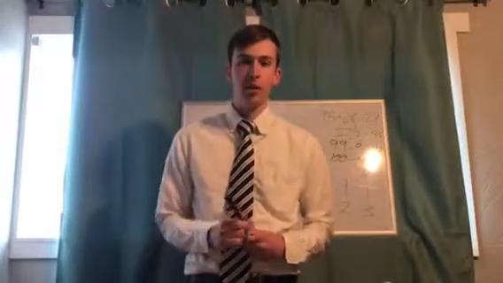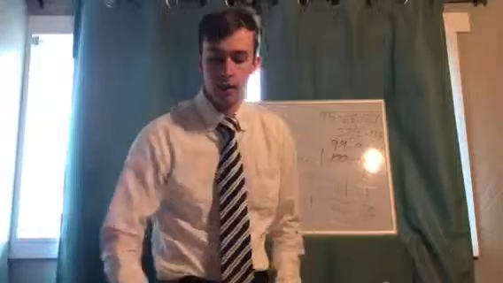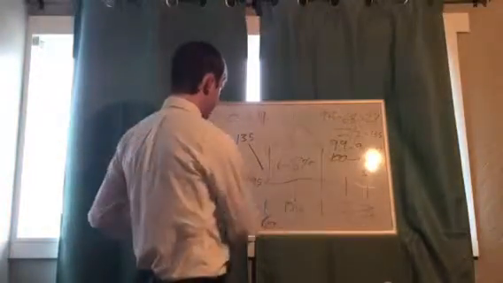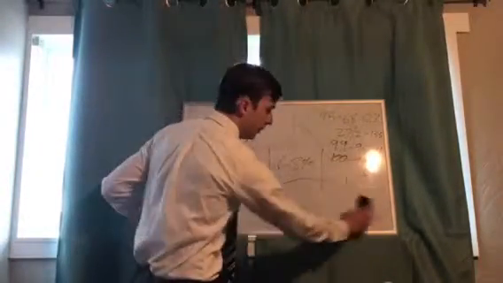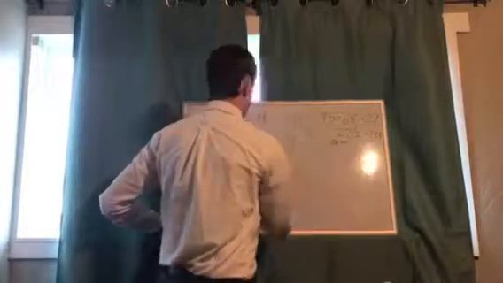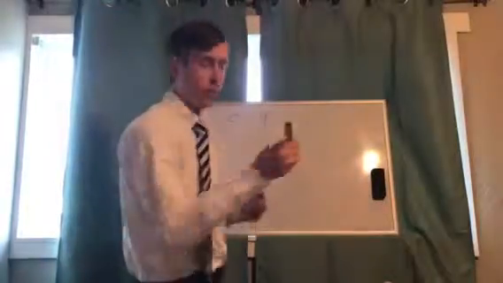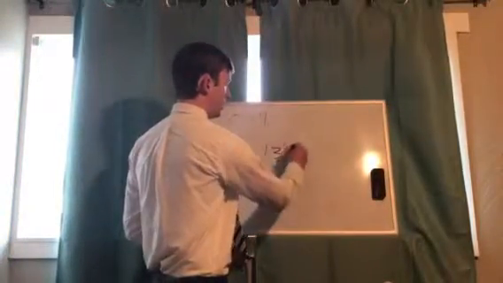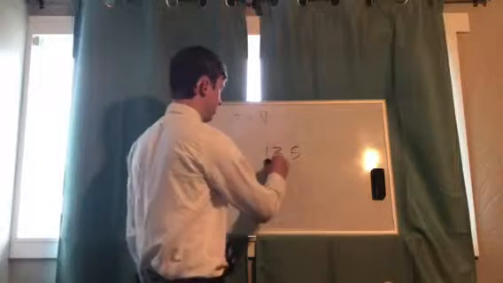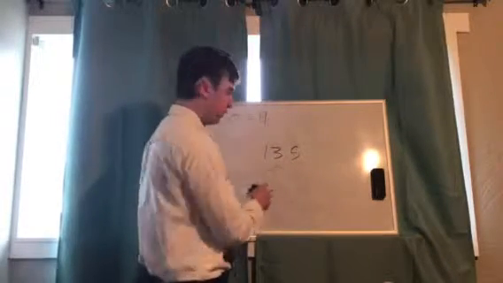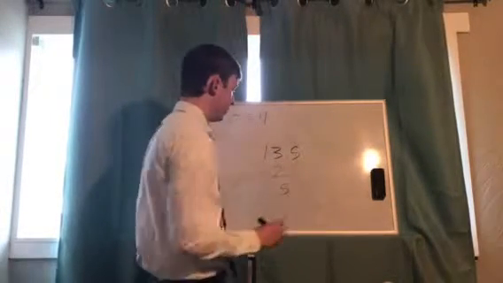Now there's a lot written on this board, and we can go over it again to explain it if you need some help. But I'm just going to erase this. So what we got was 13.5, 2, and 0.5.